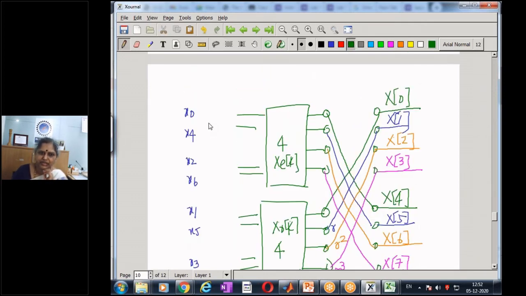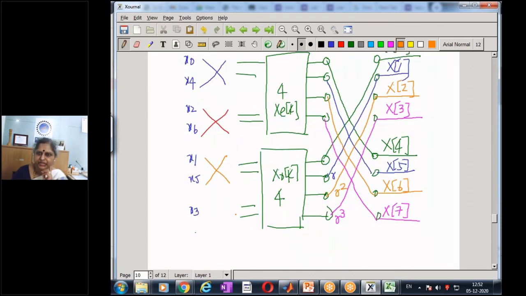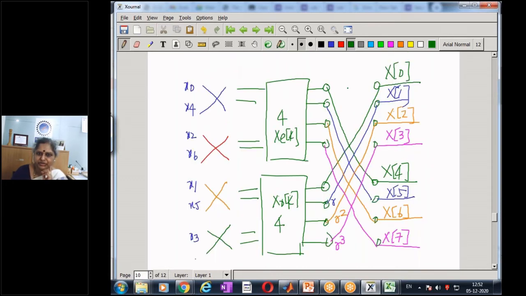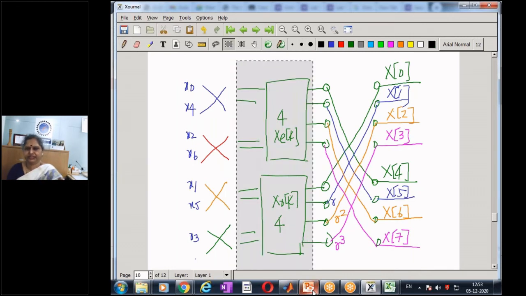So I have a 2-point DFT in the first stage. So this becomes a 2-point DFT, and say this is another 2-point DFT, and I have one more 2-point DFT, and I have another 2-point DFT. So 4 2-point DFTs in my stage 1, and each gives an output. And in stage 2, I have 2 4-point DFTs.